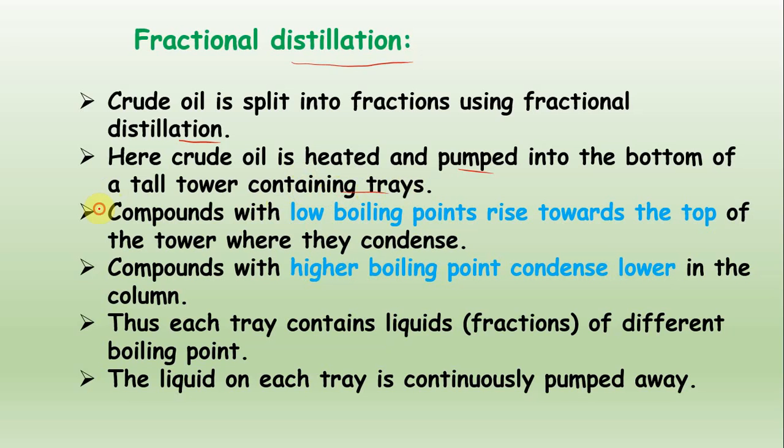These are two very important points: compounds with low boiling points rise towards the top of the tower, where they can be condensed and collected, and compounds with higher boiling points condense lower in the column. This is the main important rule of fractional distillation, that it works on the basis of boiling points. Thus each tray contains liquids, different fractions, with different boiling points. The liquid on each tray is continuously pumped away and collected.